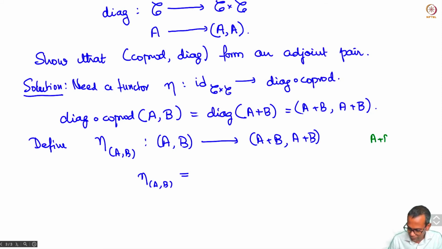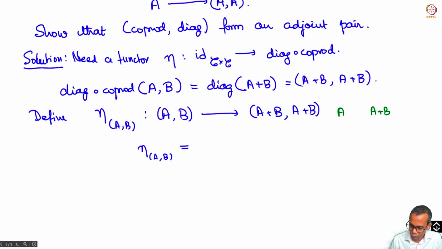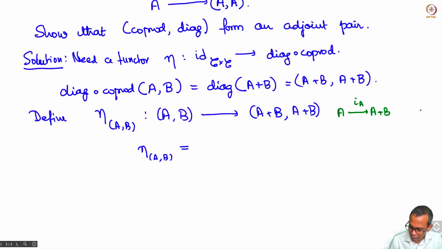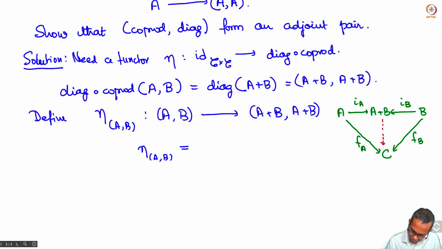When you have a coproduct of A and B, A plus B, then you have an arrow from A to this coproduct, which we usually call I subscript A. You have an arrow from B to this coproduct, which we call I subscript B, and it has the universal property that whenever you have arrows from A to some object, let's say C, let's call it F_A, and you have another arrow from B to the object C, then you have a unique arrow which we'll call F from A plus B to C. So in particular, this coproduct comes with arrows I subscript A and I subscript B from A and B. So we can take eta AB to be the most natural thing, namely I subscript A, comma I subscript B. I subscript A is from A to A plus B. I subscript B is from B to A plus B.